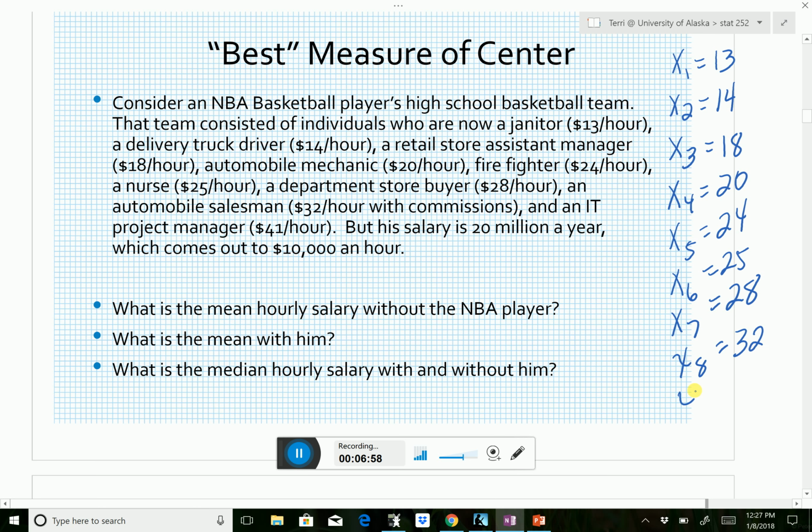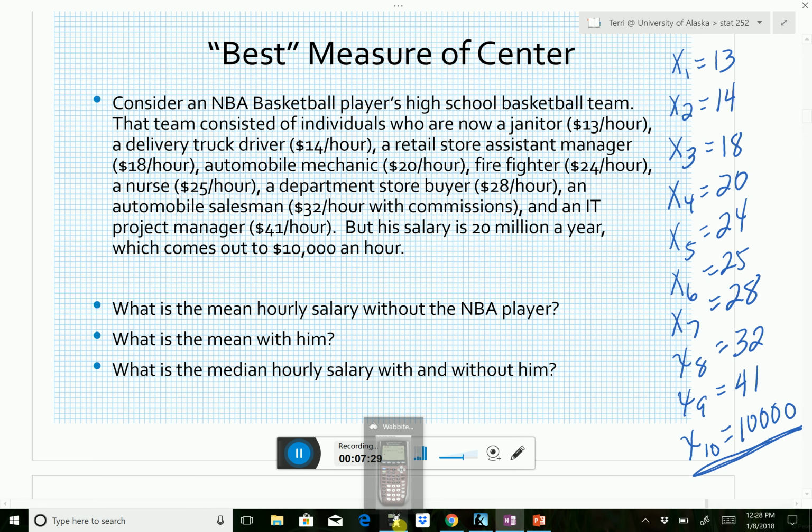IT project manager, 41. But the NBA basketball player's salary is $20 million a year, which comes out to about $10,000 an hour. Now, let's take the mean hourly salary without this outlying observation, this very different observation than the rest of them.